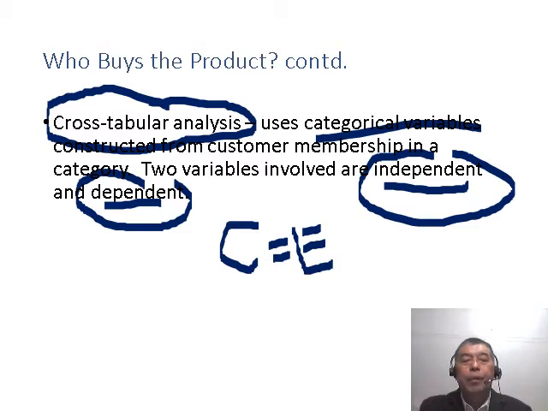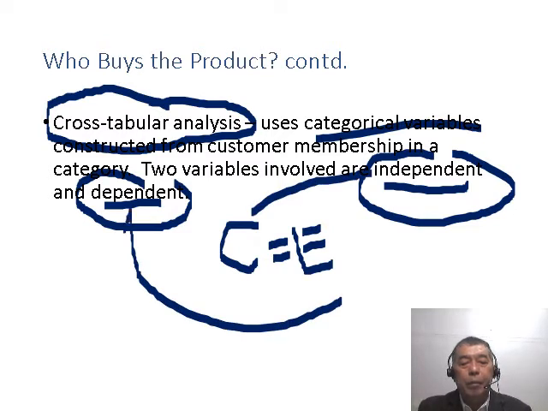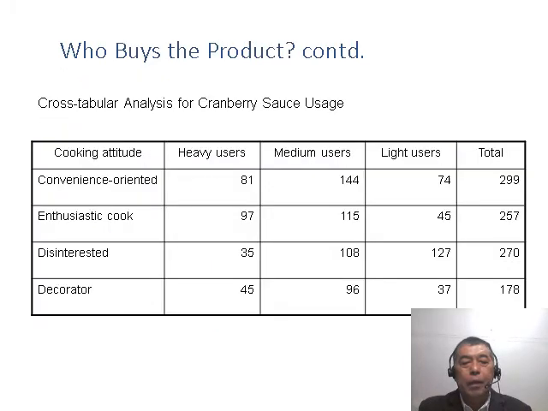Okay, the cause is the independent and the effect is the dependent. This is data that was presented as an example of a cross-tab analysis for cranberry sauce usage.